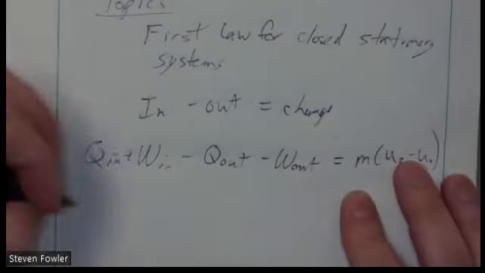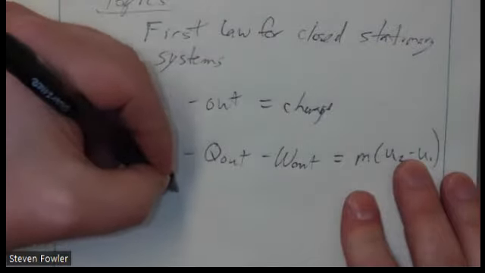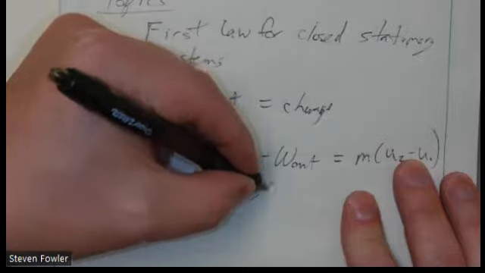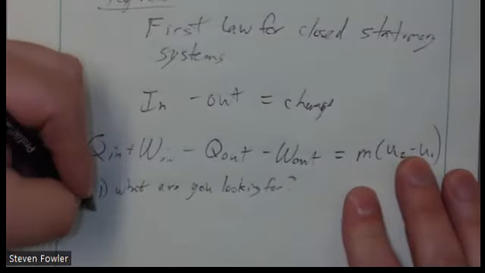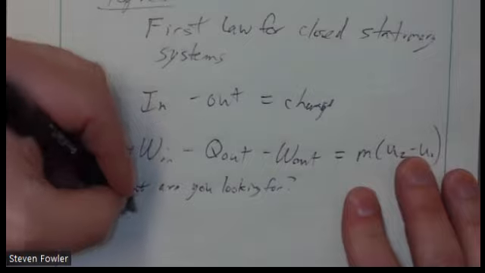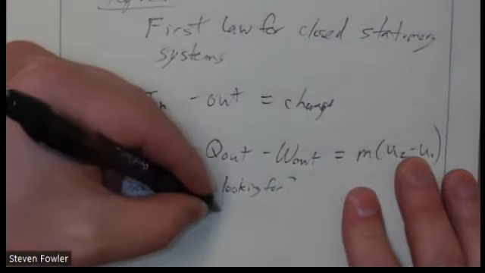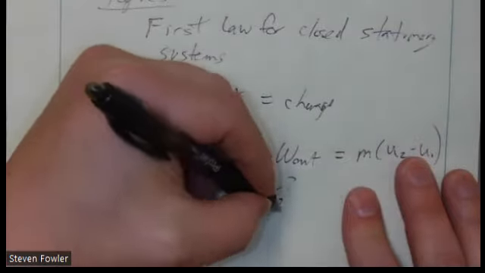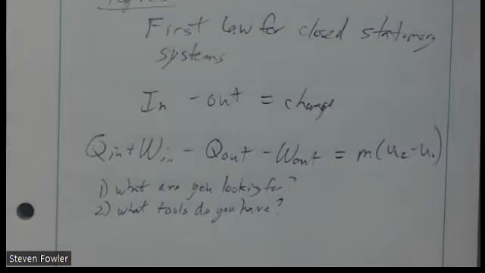So that's, what are you looking for? What are you looking for? Any problem, that's the first thing. What are we looking for? What tools do you have to find it? If it's an unknown energy, we're probably going to use the first law equation.